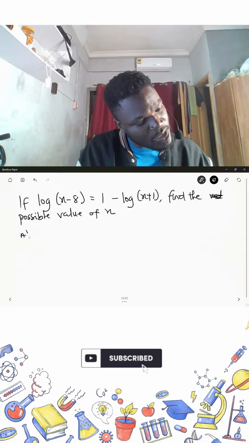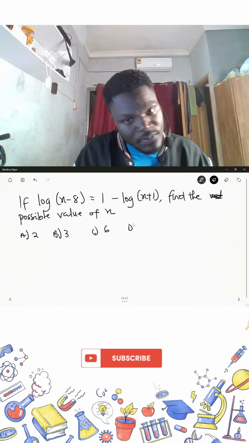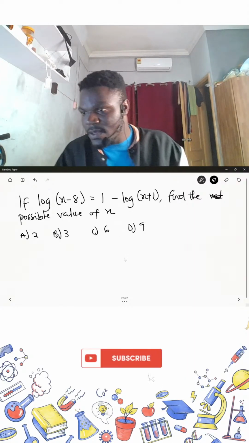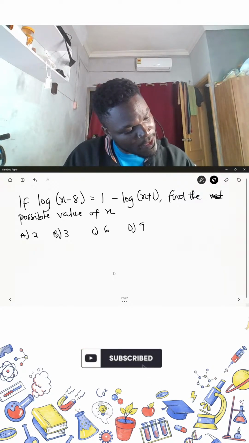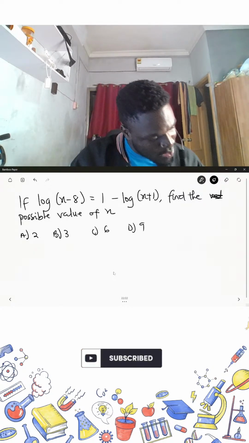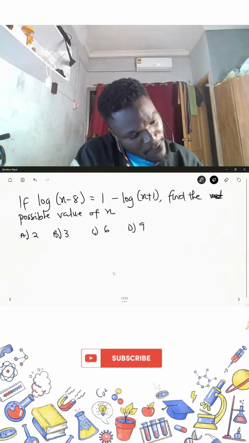So we have option A is 2, option B is 3, option C is 6, option D is 9. So guys, this is the next question that we have, and let's give it a try. After that, we look at one final question and then we end for today.